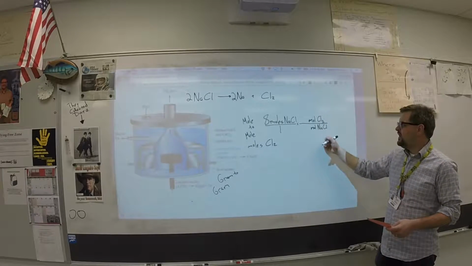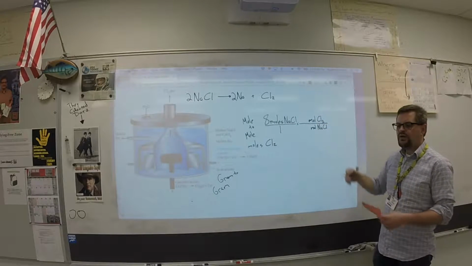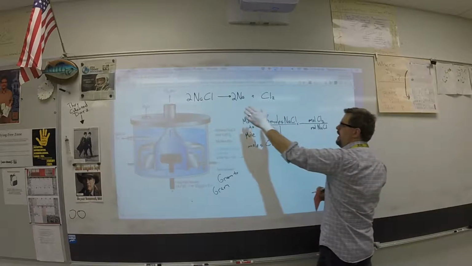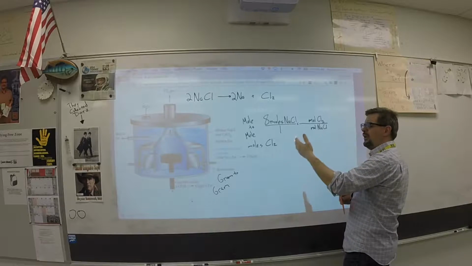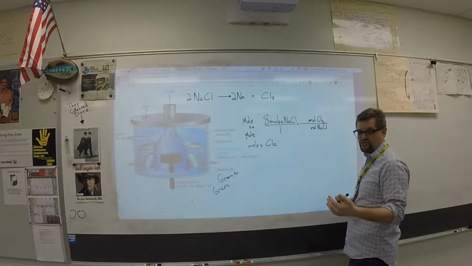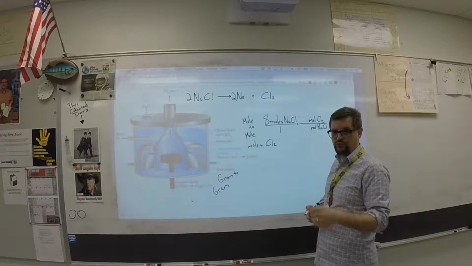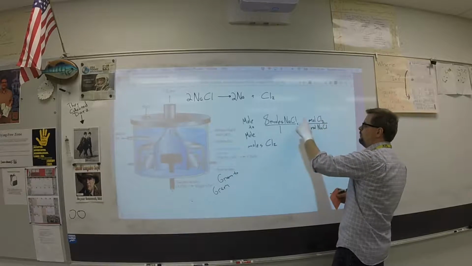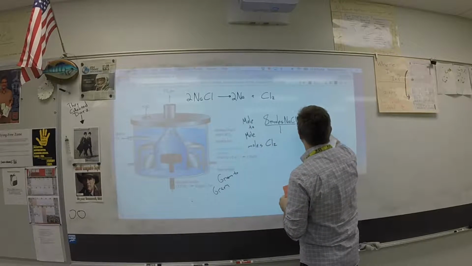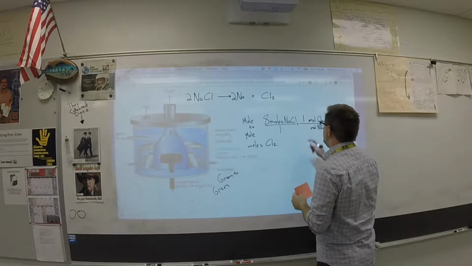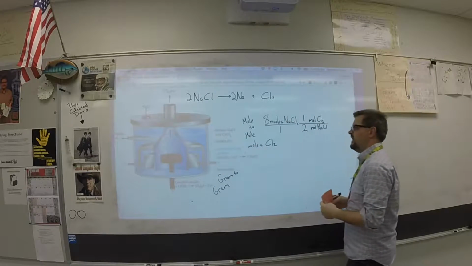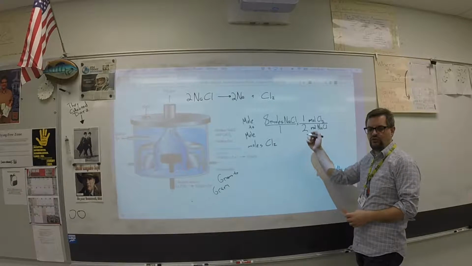The numbers we put in here come from our balanced chemical equation. We're going to use the coefficients, our molar ratios as we call them. For chlorine, the coefficient is 1. For sodium chloride, the coefficient is 2. Again, those numbers come from our balanced equation.